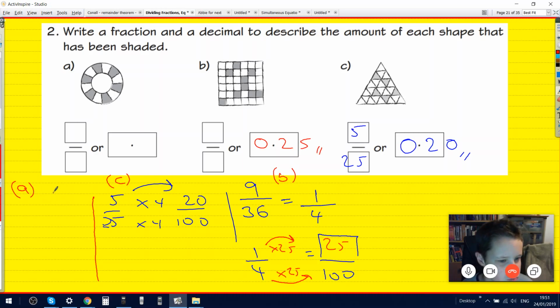So it's 6/12. And as a decimal, I think that is 0.5. Well done.